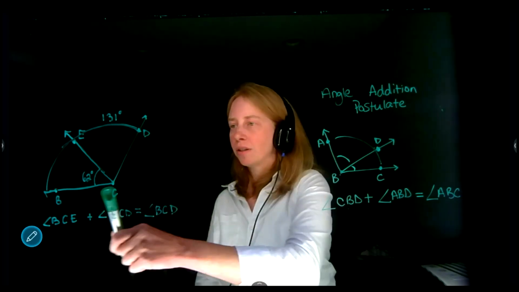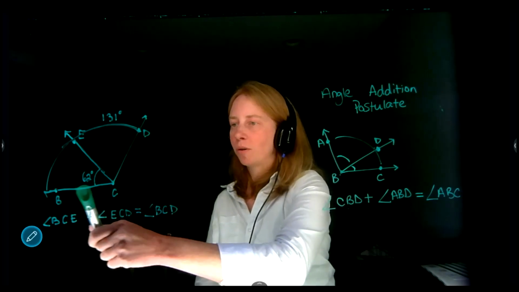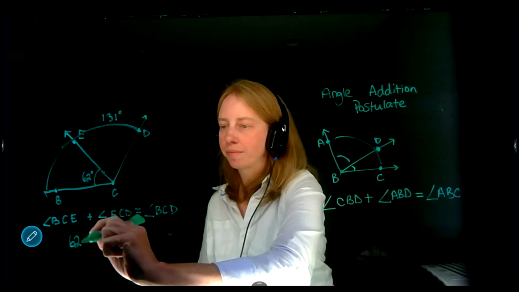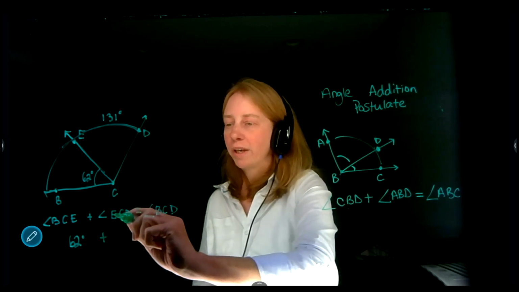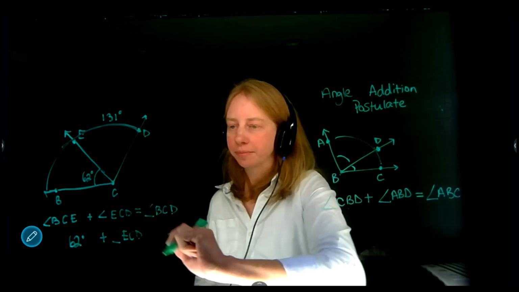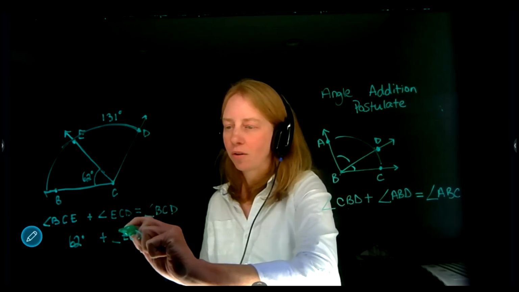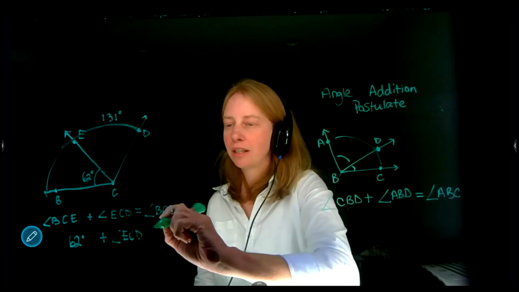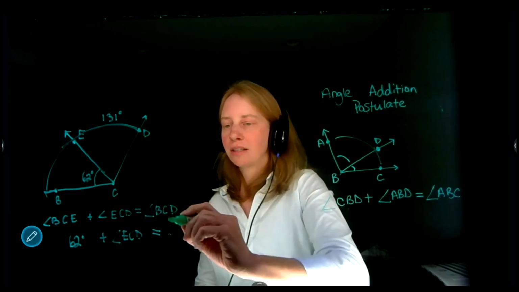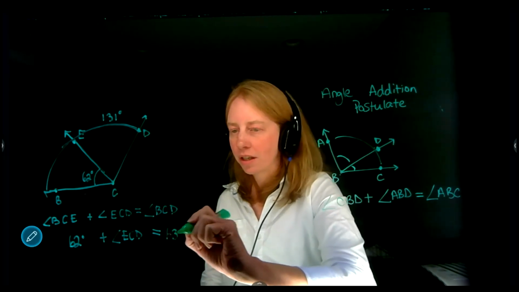All right, so let's go ahead and do some substituting. So BCE is actually 62. We don't know this one. This is the one we're trying to find out. This is the angle symbol there. Angle ECD equals, and BCD, this is 131.